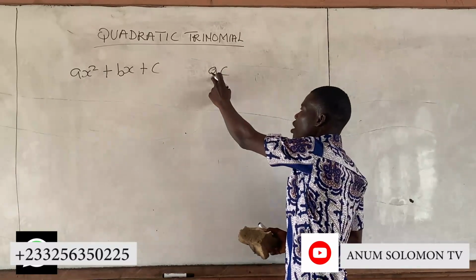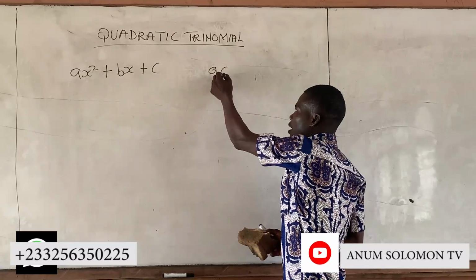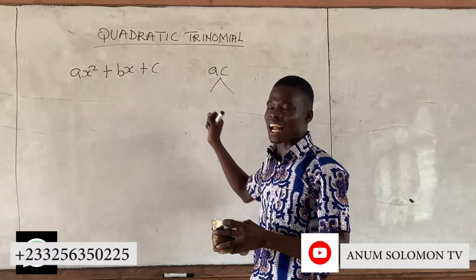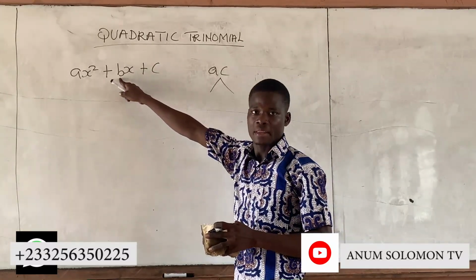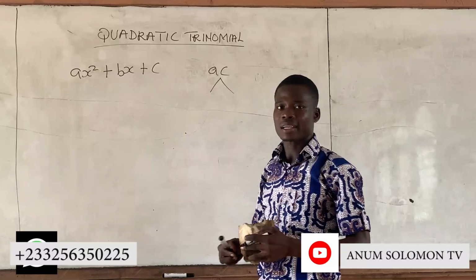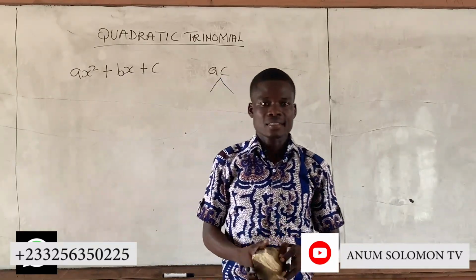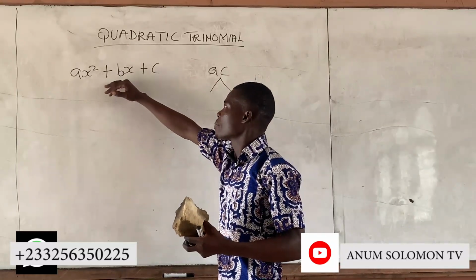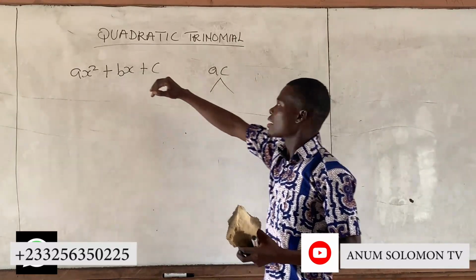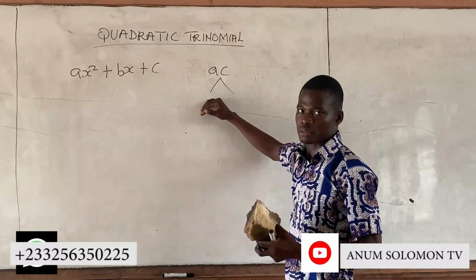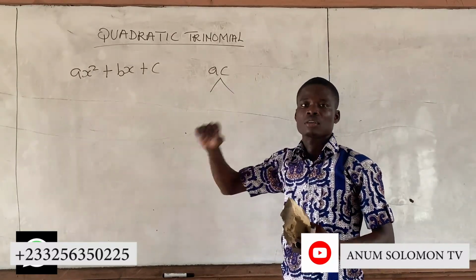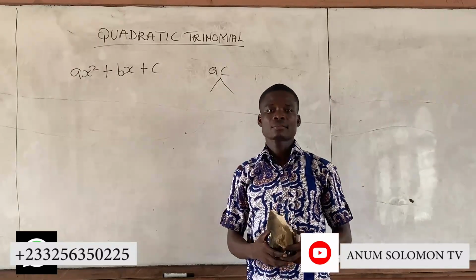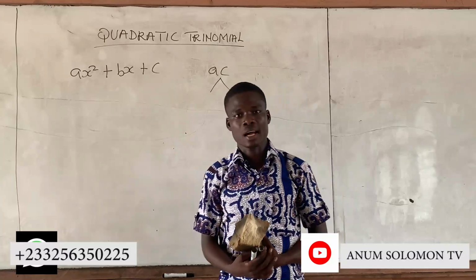So the result you get for the ac, then you have to find 2 factors of that result that will sum up or add up to get the b. So when you get those factors, then you have to rewrite this expression again by replacing b with the new factors of your result in terms of the unknown variable. After that, you group them and factorize and get your final result.